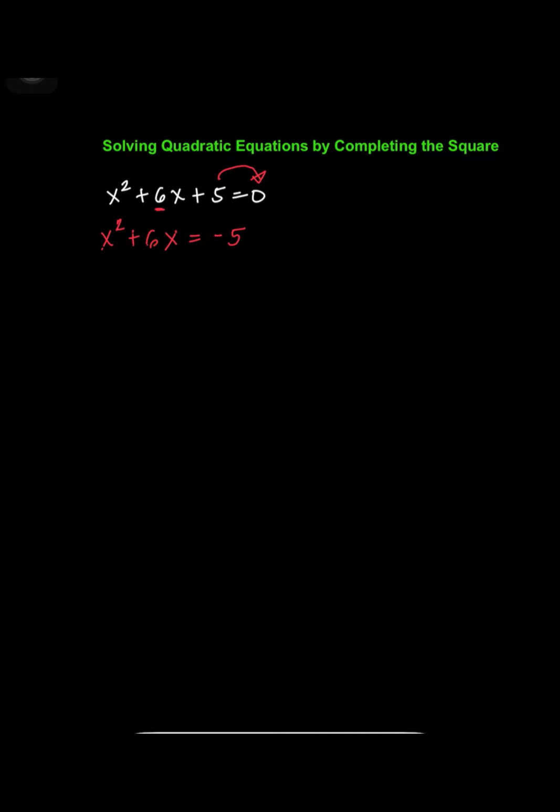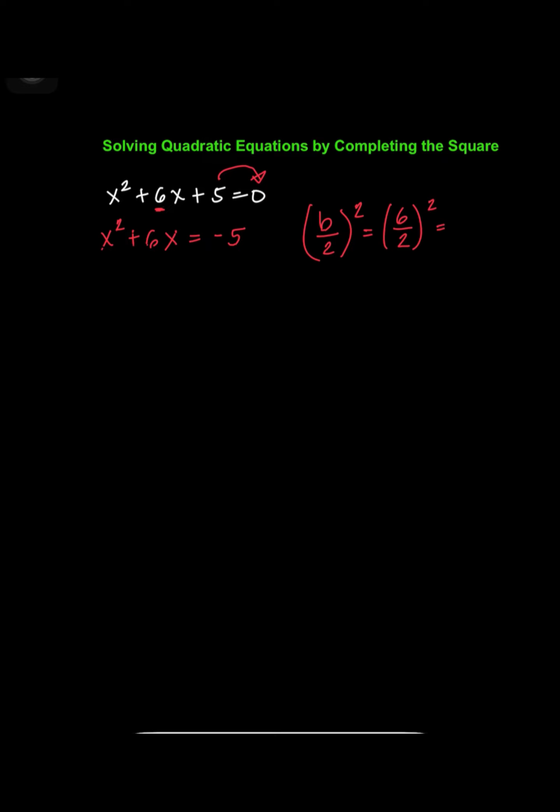Ito, yung b. Kasi, gagawin natin b over 2 squared. So, hahanapin natin yung b over 2 squared. So, that is equal to 6, which is yung b, divide by 2, or over 2, squared.